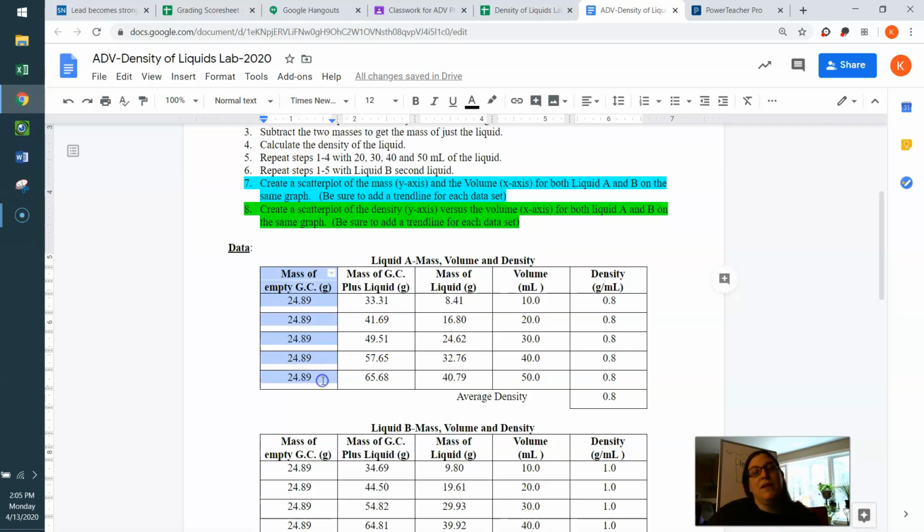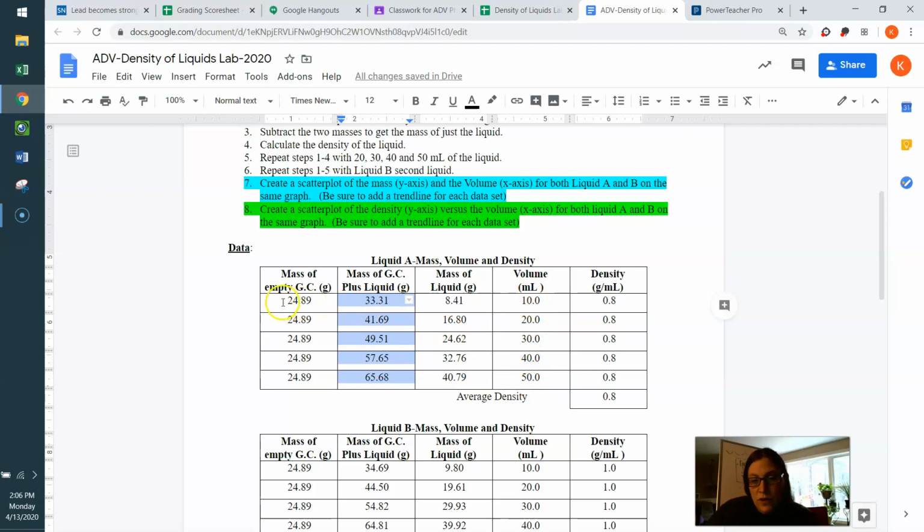I just made the exact same mass for all of the empty graduated cylinders, right? Because it's only going to be empty once. Then you would have read the balance and figured out your mass of the graduated cylinder and liquid. And that is going to change as all of the volumes had changed.